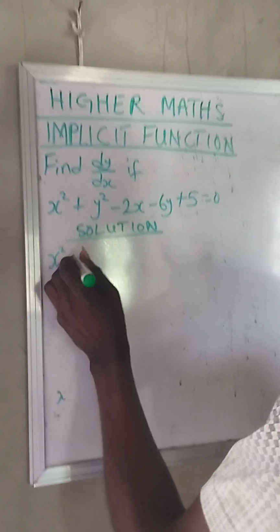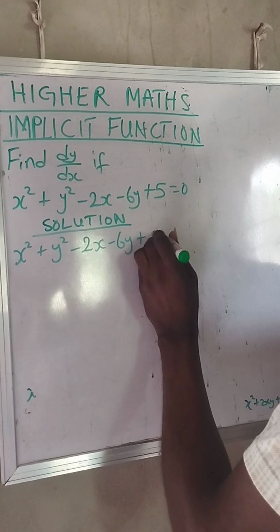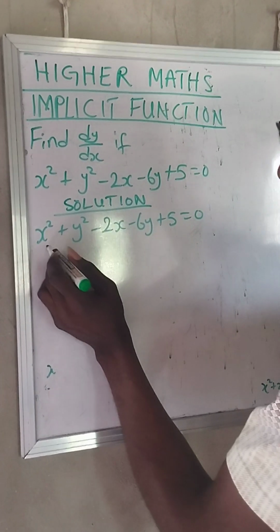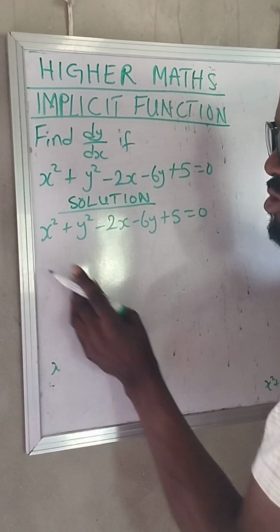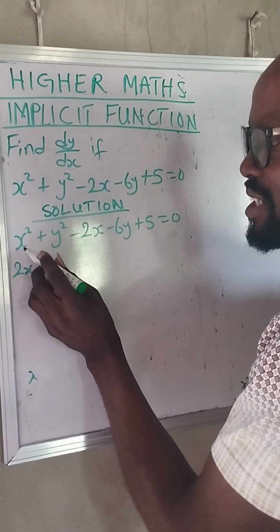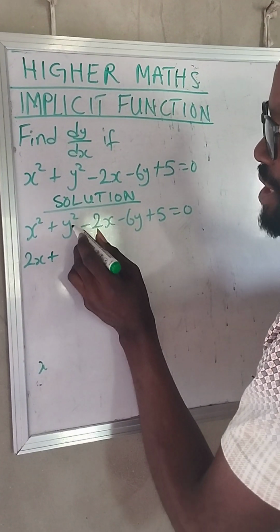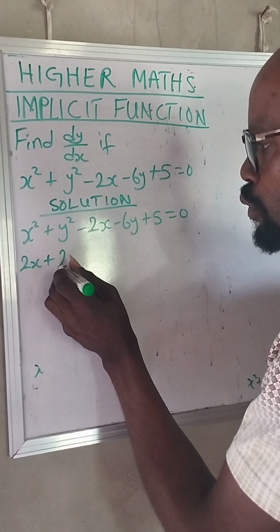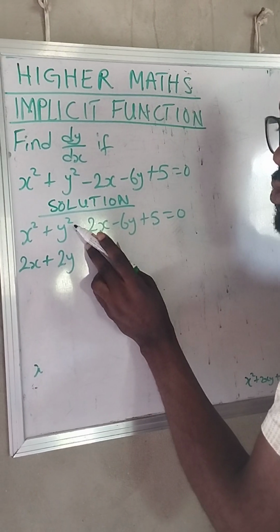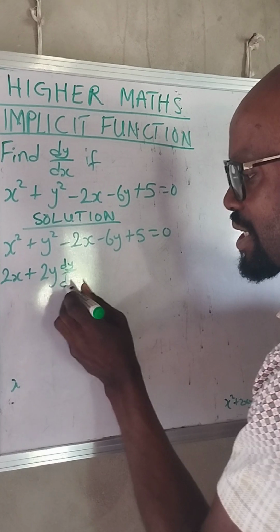Rewrite the question: x squared plus y squared minus 2x minus 6y plus 5 equals 0. So we differentiate with respect to x. If you differentiate x squared using the principle of differentiation, you have 2x. Plus, if you differentiate y squared, you have 2y, then because you are differentiating with respect to x, you attach dy over dx.